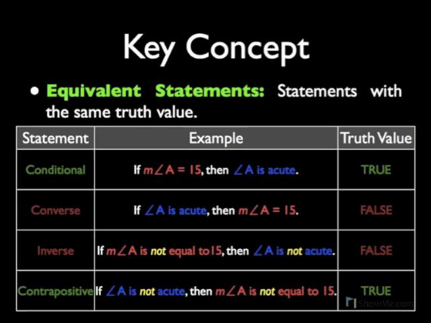You will notice that the conditional and contrapositive are equivalent statements. This is always true. The conditional and contrapositive are always equivalent statements. The converse and inverse are always equivalent statements. This is why being able to write these related conditional statements can help you determine truth values.